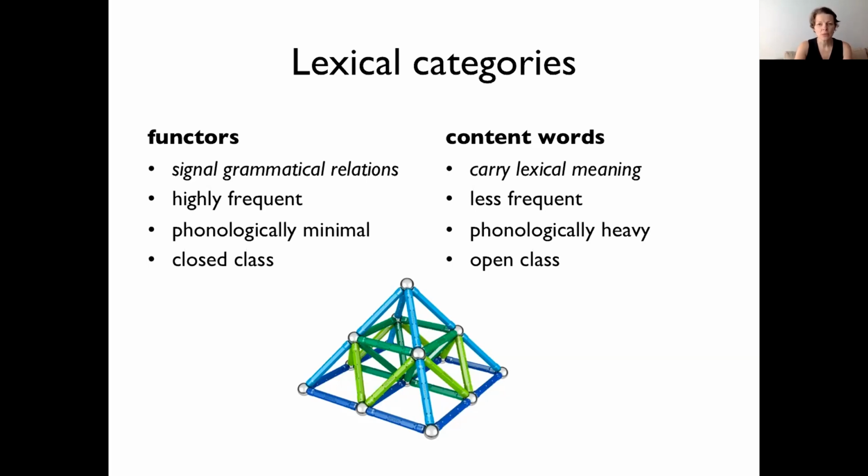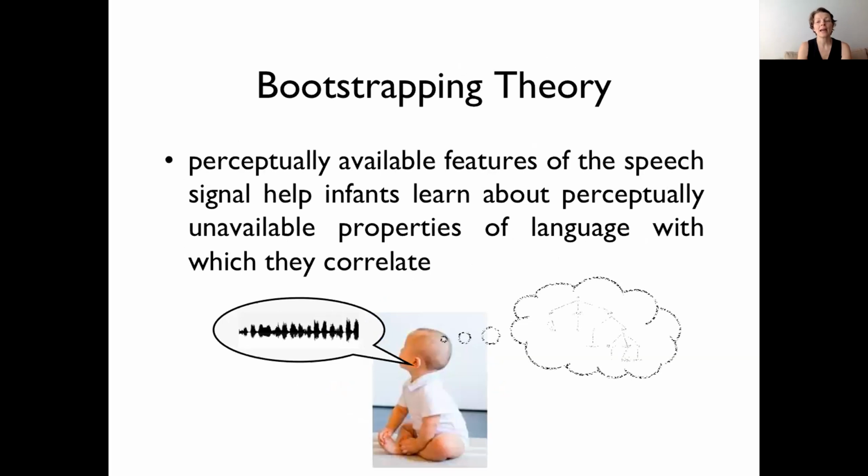Essentially what I'm trying to argue in this talk is that one strategy babies could use to learn about grammar is to bootstrap the two categories, content words and function words, on the basis of their surface differences, and use that to go on to the more abstract properties.